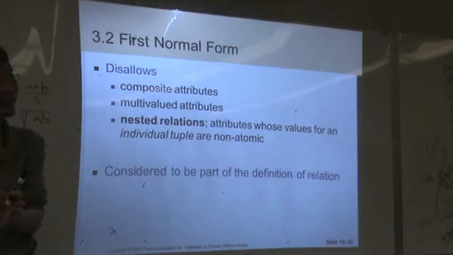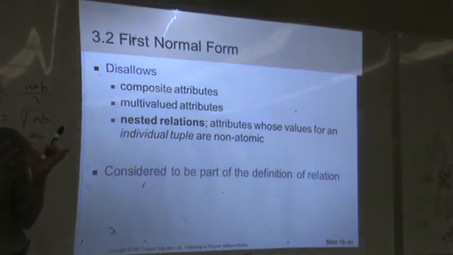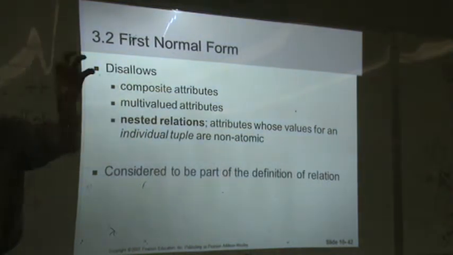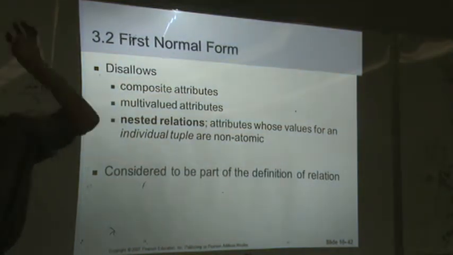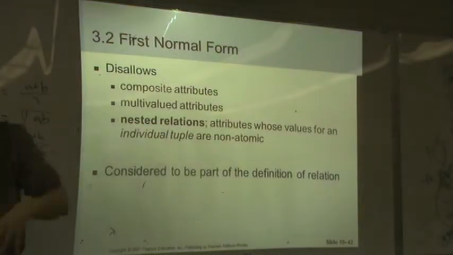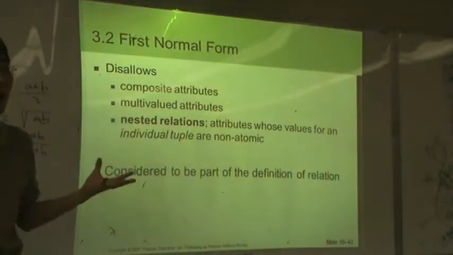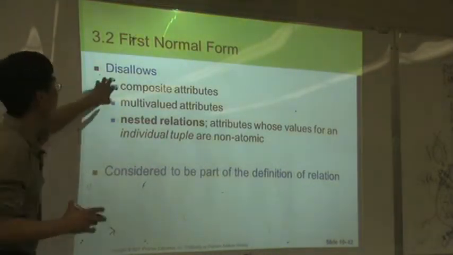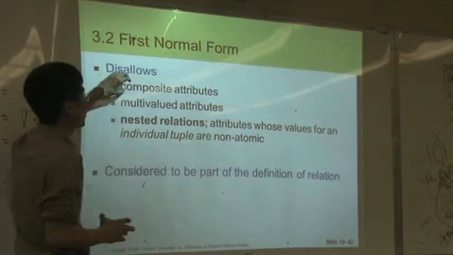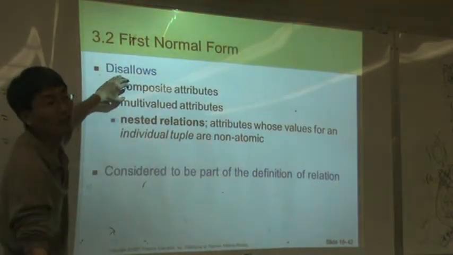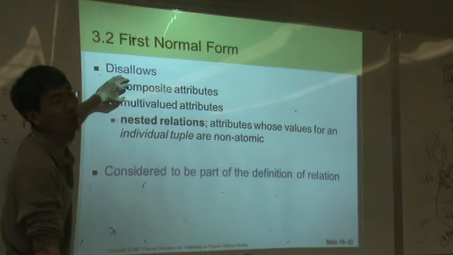Like the address, if you consider the address as the combination of street number, street name, state name, the town name, whatever, this bunch of attributes makes one attribute that is a composite attribute. We don't want such a composite attribute.